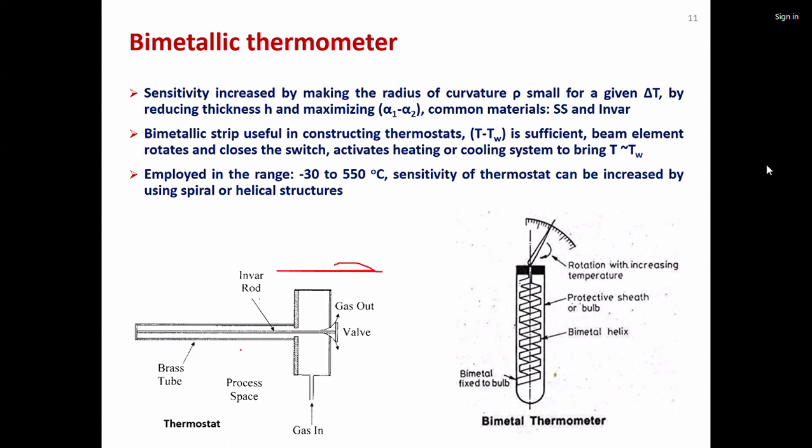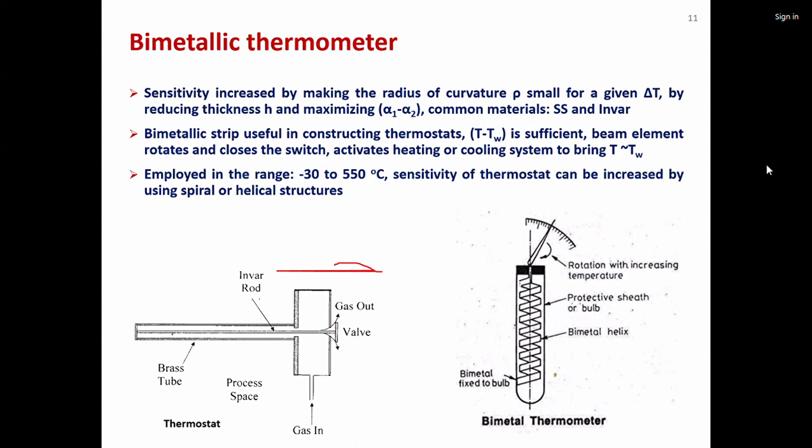Now, let's say you just switched on the thermostat and now the hot gas is coming in, and you have set the temperature, let's say, to 20 degrees. Initially, the room temperature was, let's say, 10 degrees. Over time, the temperature increases. So when the temperature increases, as you can see, there is this Invar rod. The Invar rod is part of the valve. Okay. Why Invar?